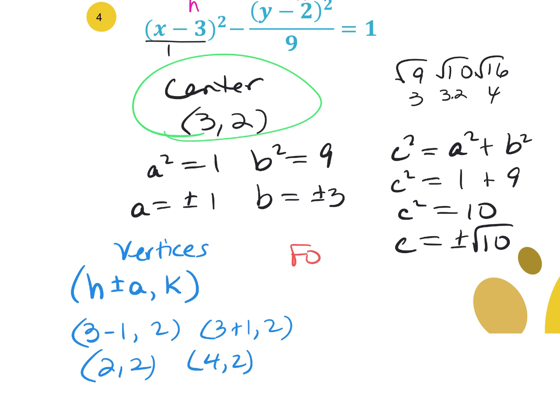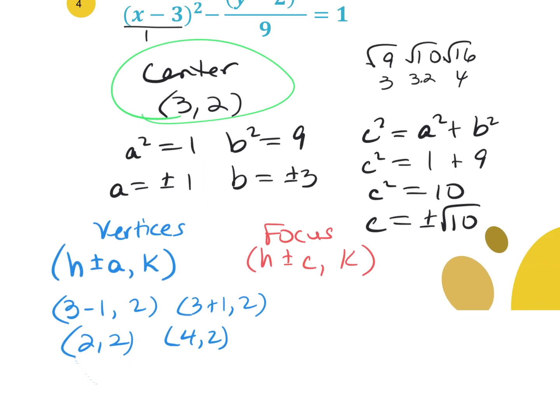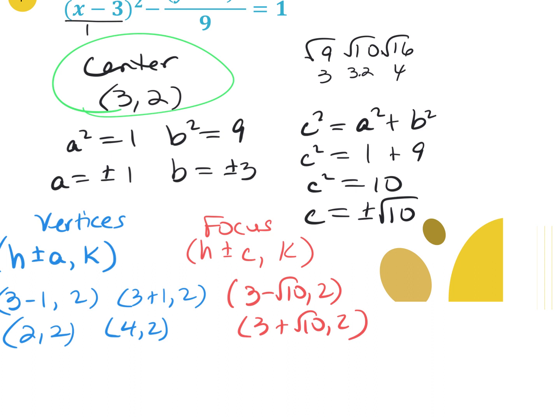My two focus points, again, I'm going to take h and add and subtract c, and then the k. c was a radical, so I'm just going to fill it in. So it'll be 3 minus root 10, comma 2, and 3 plus root 10, comma 2. And again, remember the approximate value here, if I'm going to graph this, it'll be 3 minus 3.2.